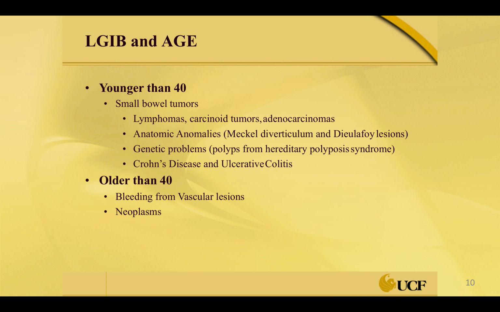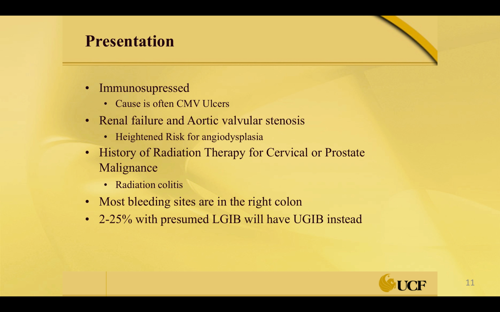Genetic problems associated with lower GI bleeds include polyps from hereditary polyposis syndrome and Crohn's disease and ulcerative colitis. In patients that are older than 40, we'll see this from bleeding, from vascular lesions, and mostly neoplasms. The presentation, as I said, it could be very insidious.